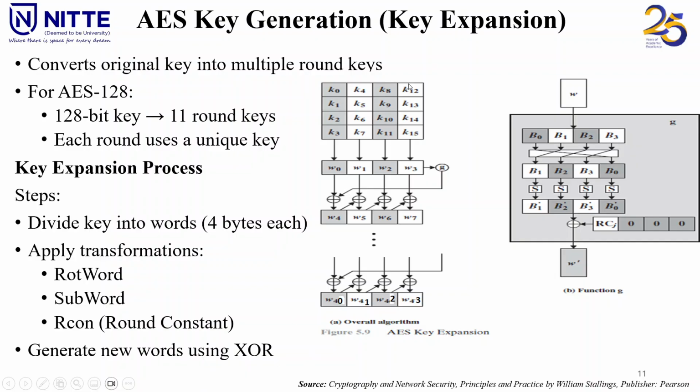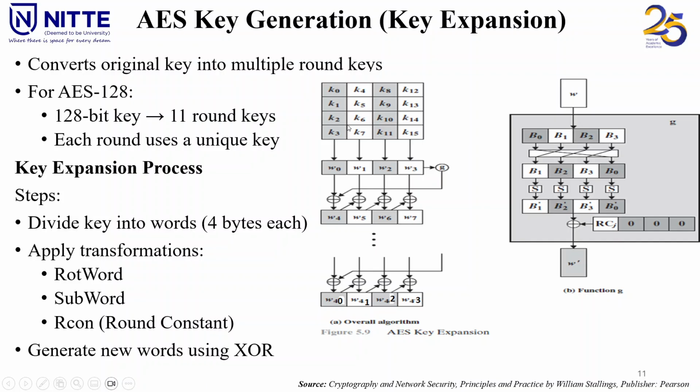See here in the diagram, we are reading row-wise while writing column-wise. Whatever the 16 bytes of values are, I'm going to represent them in a 4x4 matrix, column by column. So K0, K1, K2, K3 are the first 4 bytes, the next 4 bytes are the second column, the third column has 4 bytes, and the fourth column has another 4 bytes.